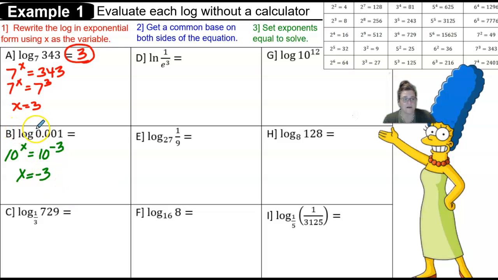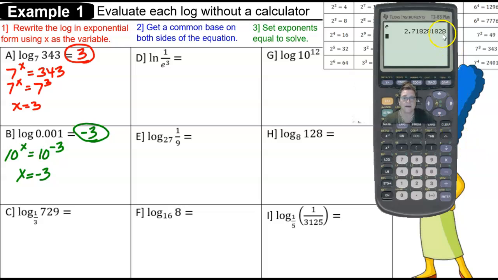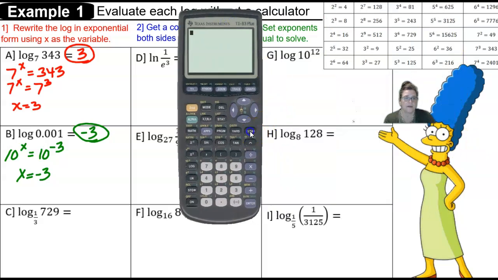So the common log of 0.001 is negative 3. Since that's a common log, I can check that in the calculator. So we'll do common log of 0.001, press enter, and we get negative 3.